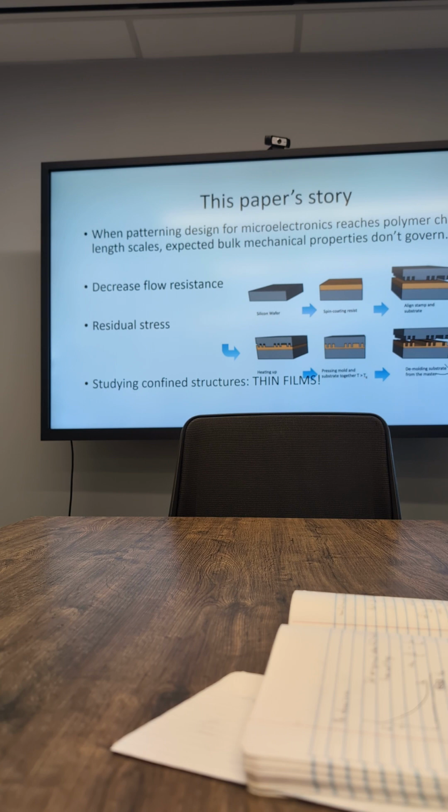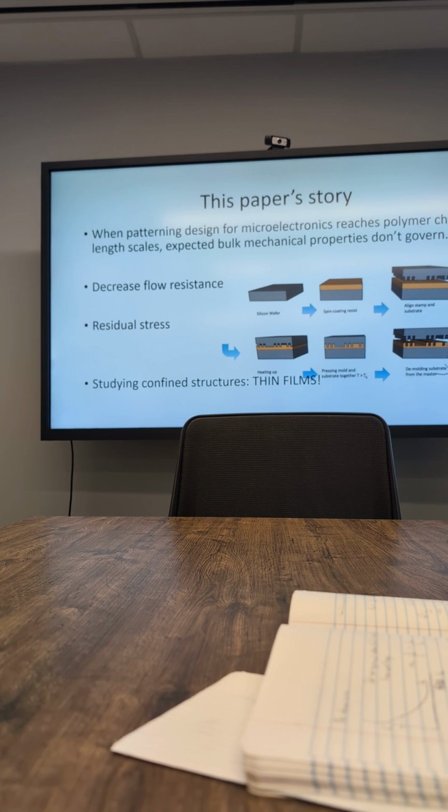If you change your manufacturing from a polymer with a higher glass transition temperature to one with a lower glass transition temperature, you should anticipate these effects occurring more. These effects lead to decreased flow resistance and residual stress in the molded material.